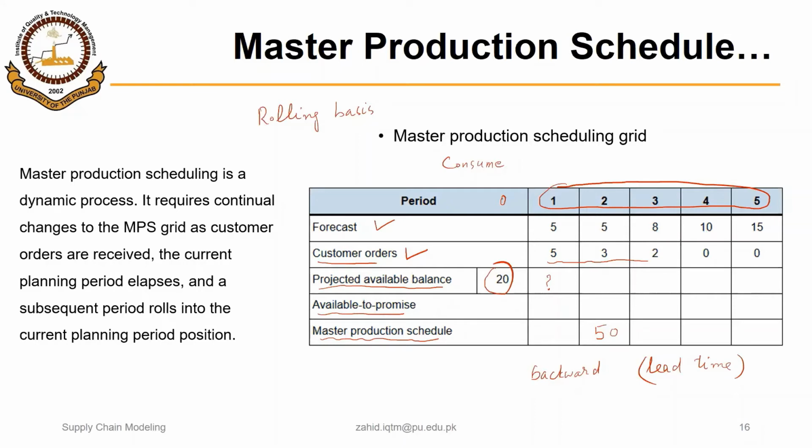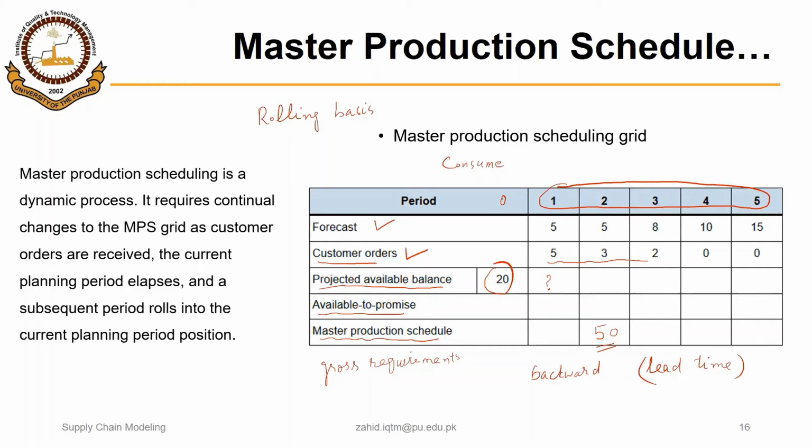So the quantity of 50, for example, in period 2 becomes an input to the material requirements plan, and we will see that this determines the gross requirements in material requirements planning. So I again repeat that if we have an MPS of 50 at the start of period 2, that means we need to have 50 items available at the start of period 2.